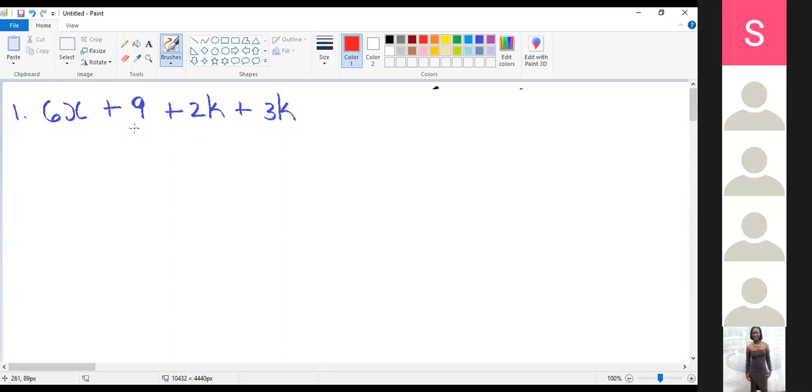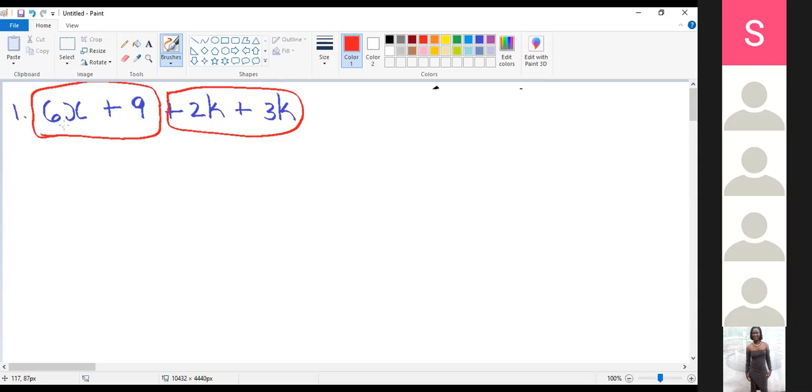So let me say that again. You have to group them and then factorize each group separately. So what that means is that I'm going to group these first 2 here, and then I group this second pair here. So I now end up with 2 groups, right? And then I'm going to factorize each of those groups separately.